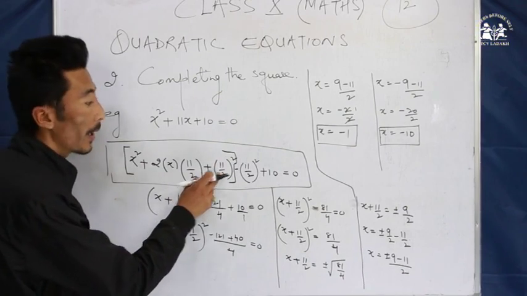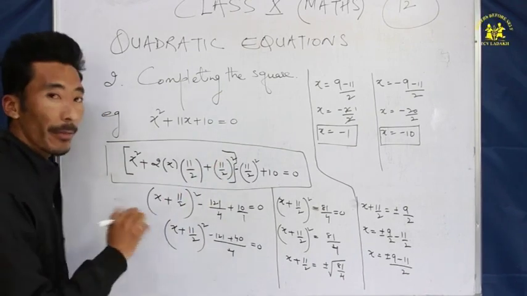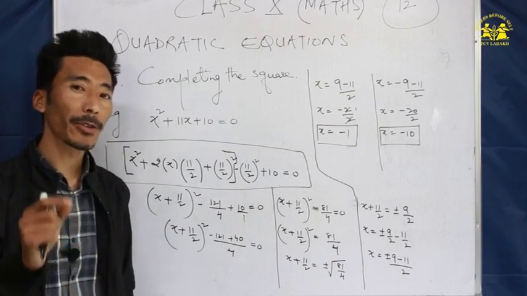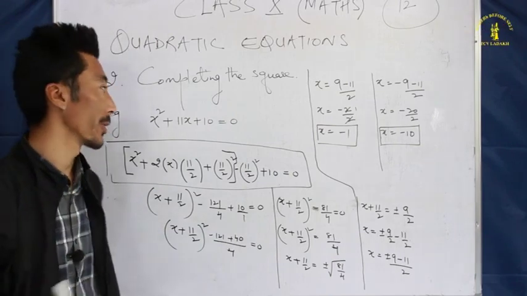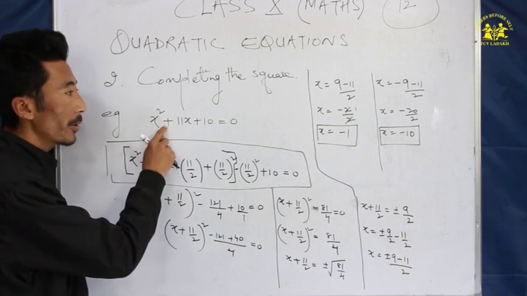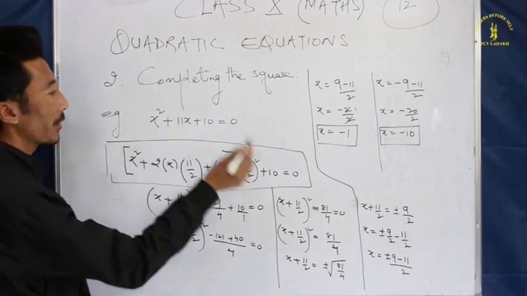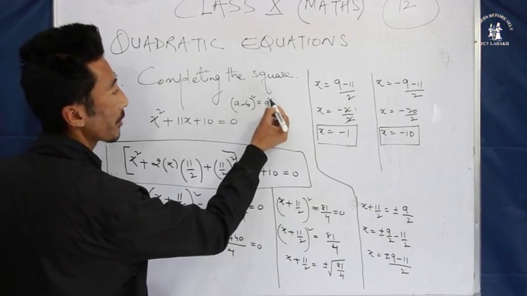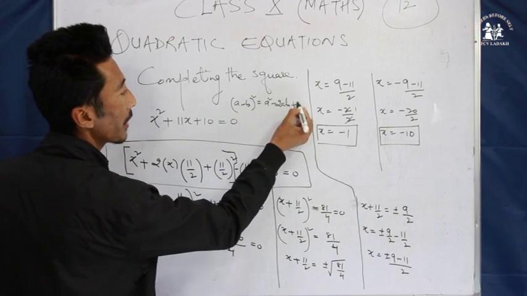And a minus b whole square, the sign depends on the minus form, the identity is a square minus 2ab plus b square.